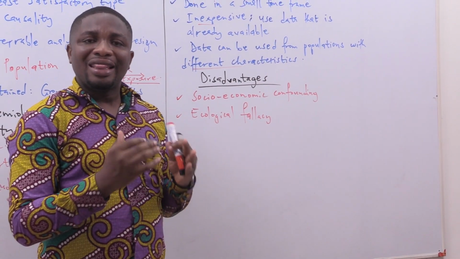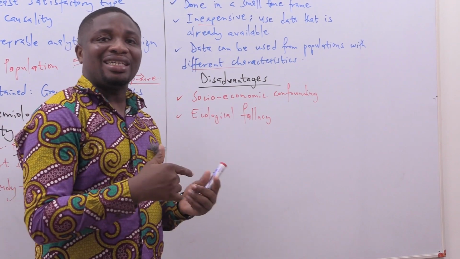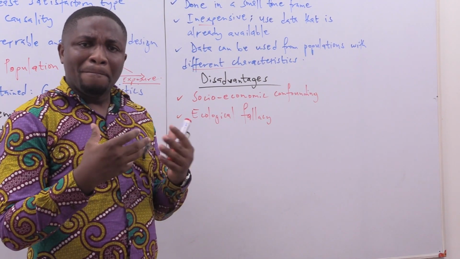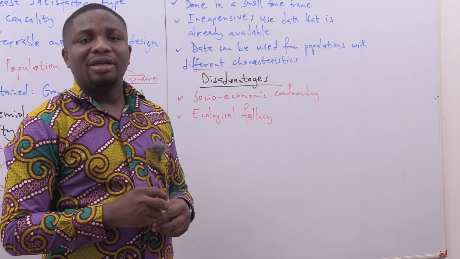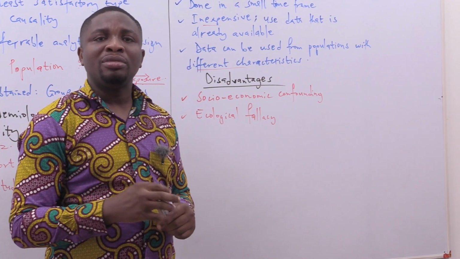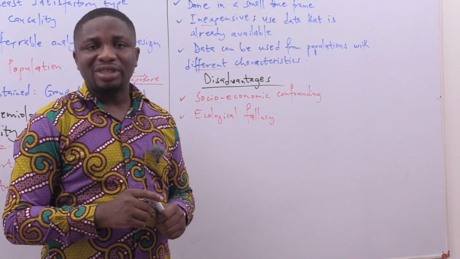By so doing, that particular factor may be considered as an exposure, meanwhile it is not. Or that particular factor may be considered to be the cause of the outcome, which is not the case. That is what we term socio-economic confounding.